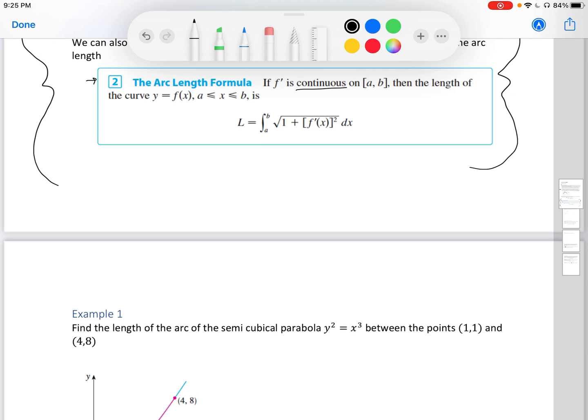Example 1. Find the length of the arc of the semi-cubical parabola y squared equals x cubed between the points (1, 1) and (4, 8). All right, so just to have it handy as we work on this next problem, let's remember our arc formula.